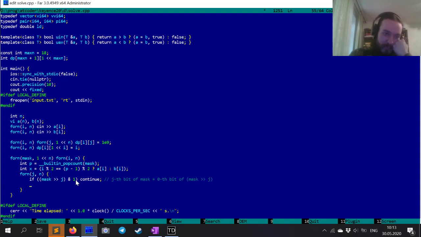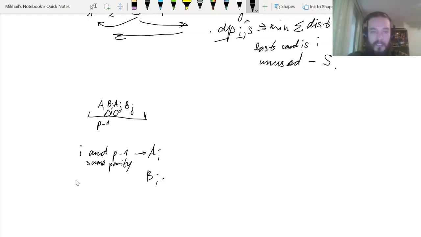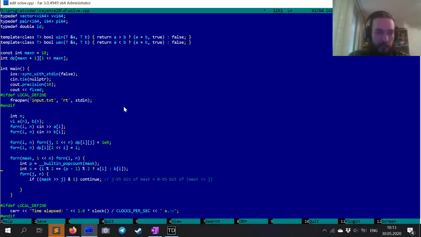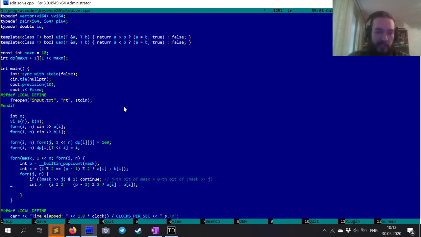In the other case, let's figure out what's written on the card J that goes in this position. We can use exactly the same trick by taking this formula and replacing I with J. Let's say that the next number is Y. We can just replace I with J and P with P minus 1.